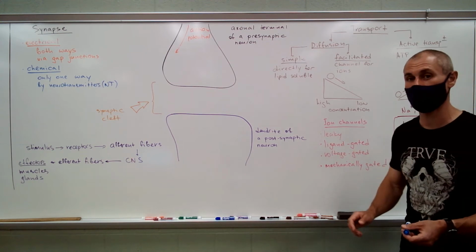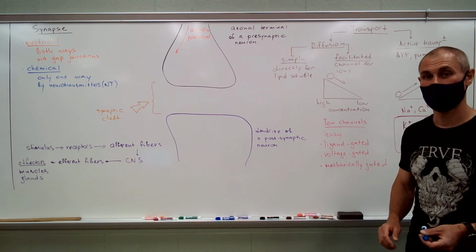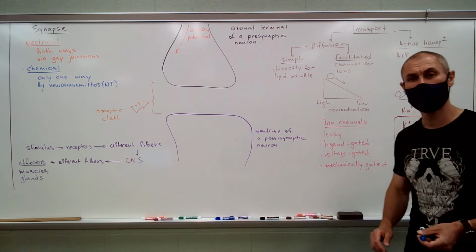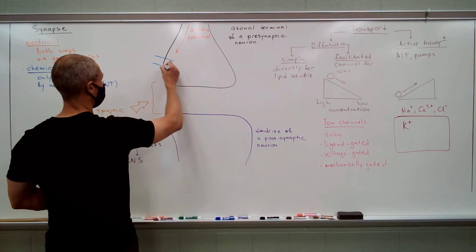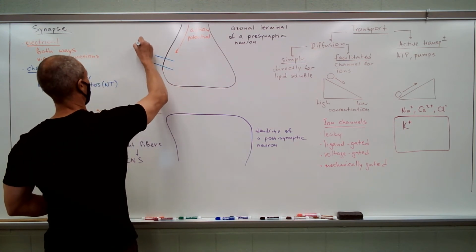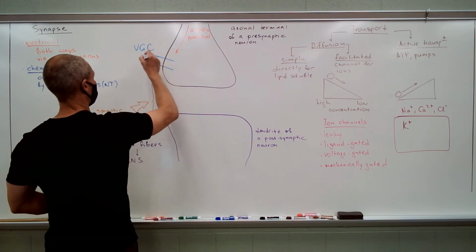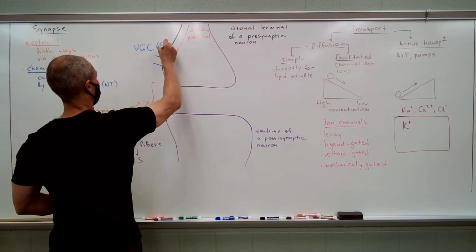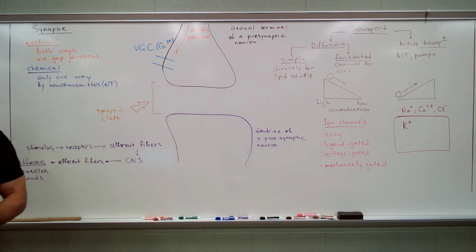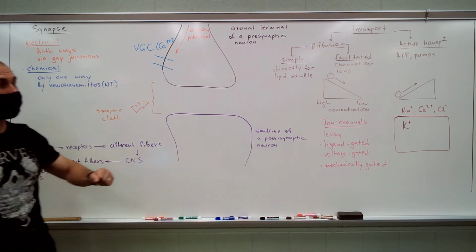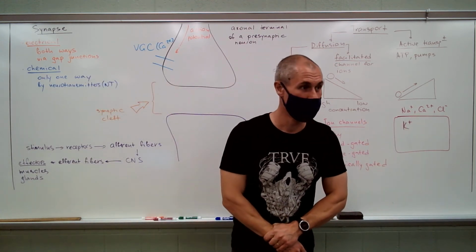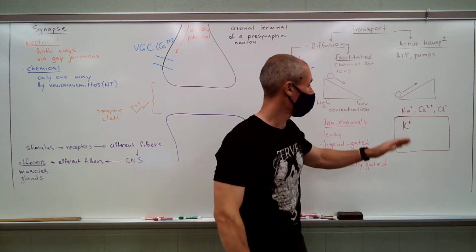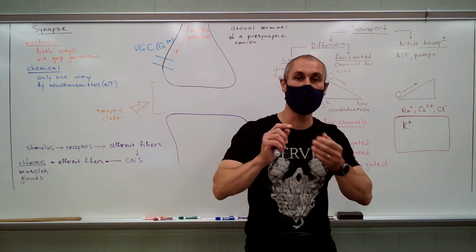How are they gated? Voltage. Excellent. So action potential opens voltage-gated channels for calcium. Now, knowing that voltage-gated channels for calcium are open, calcium is going to diffuse.